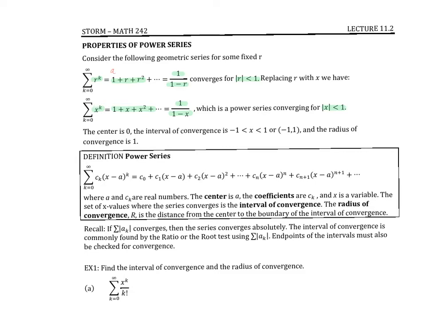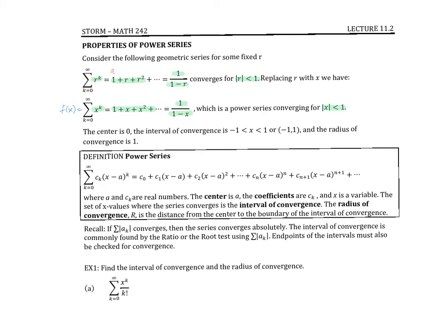X varies. So how we want to think about this special power series is think about it as if it were a function. And this function is going to be equal to 1 over 1 minus x, provided the x's that we put in have absolute value less than 1.